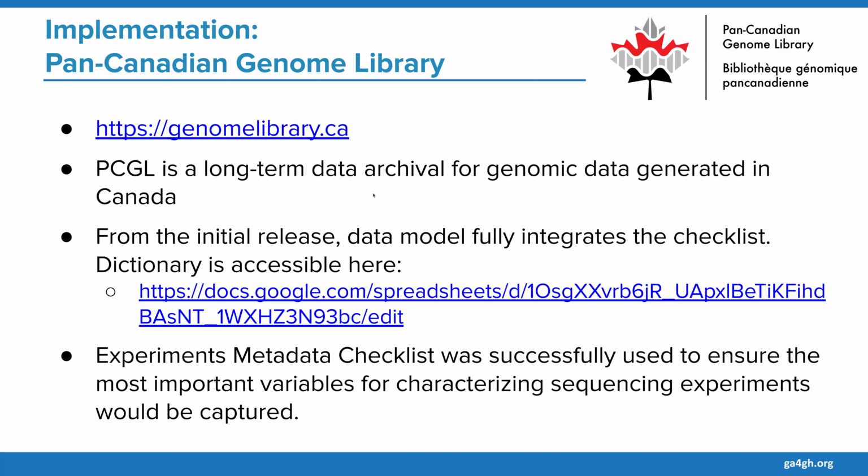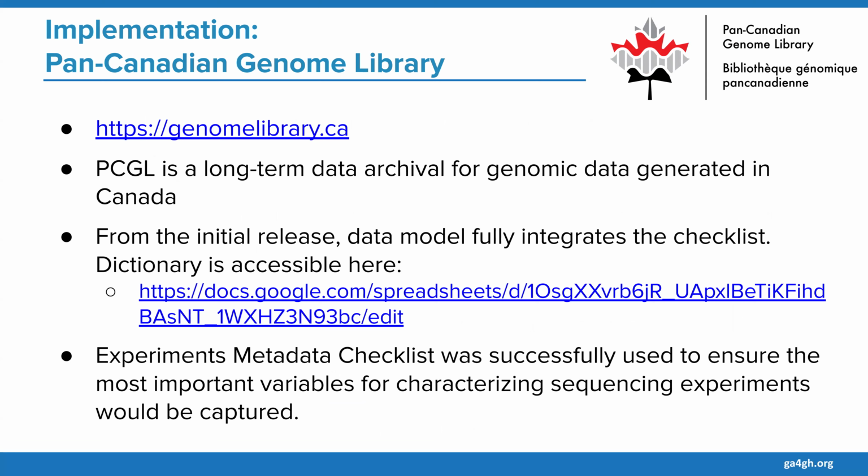So looking at implementers, we have first the Pan-Canadian Genome Library. The PCGL is a long-term data archival for genomic data generated in Canada. It's currently being developed, aiming for an initial launch by the end of this year.